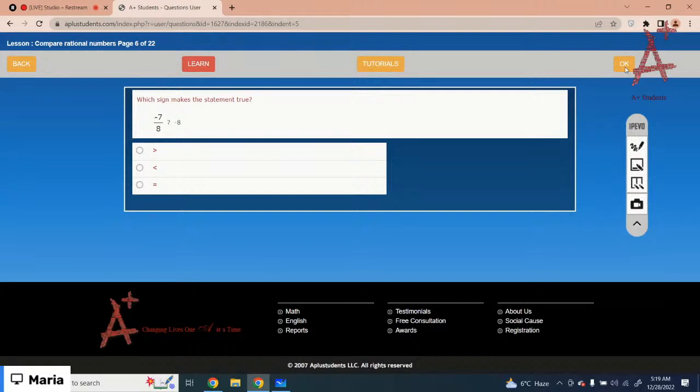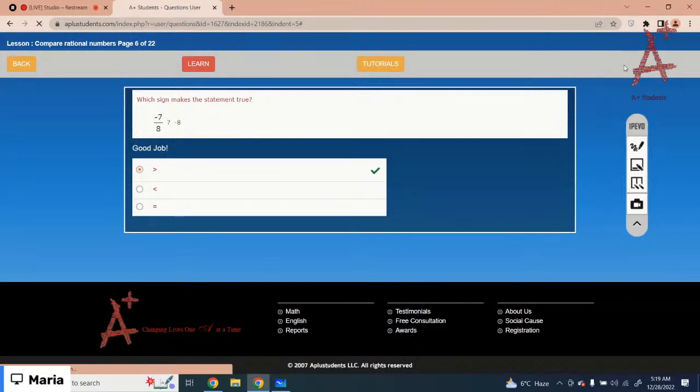Negative 7 over 8 is greater than negative 8.